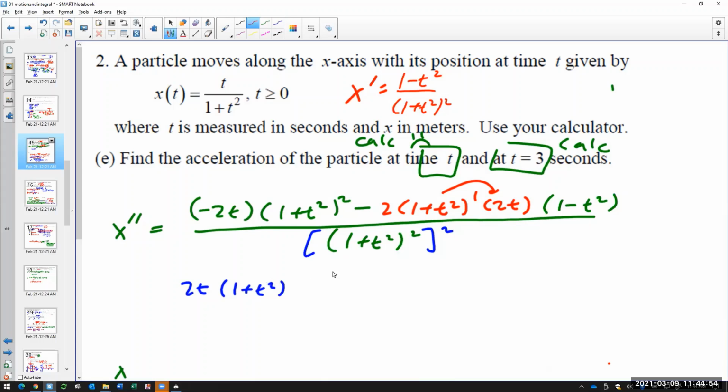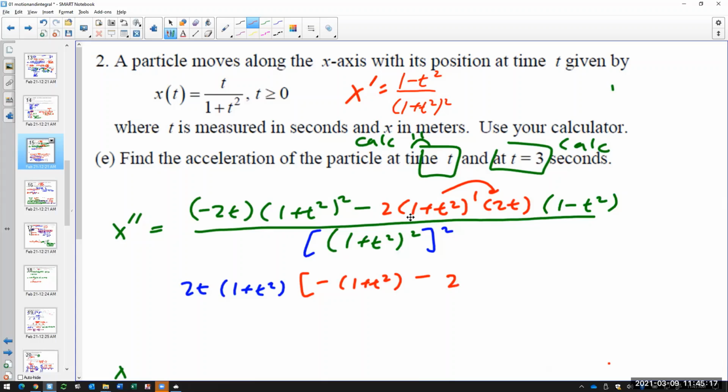So if I pull that out, look at the first term. What would I have left? I pull out the 2t, so I'd have a negative left, right? I pull out one of these 1 plus t squared, so I have one of these left. So that's the first term. If I remultiply this, I should get the first term. And then the second term, okay, I'm going to leave the negative. I'm going to pull out the 2t, so I have a 2 left.